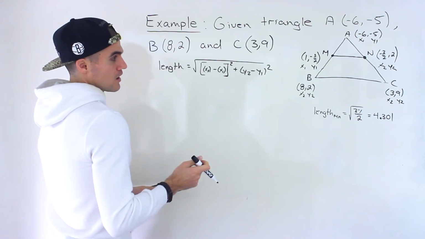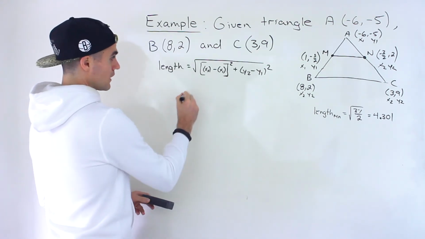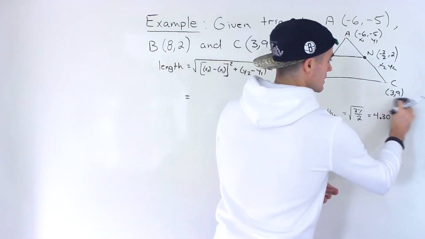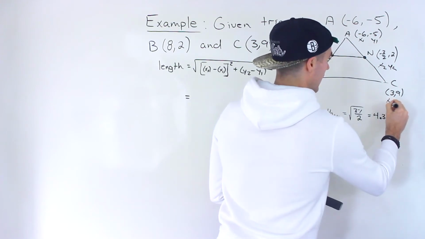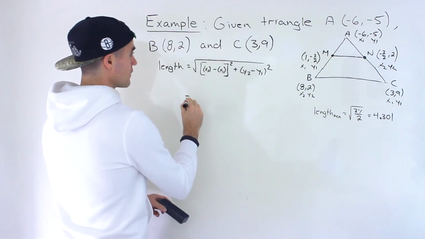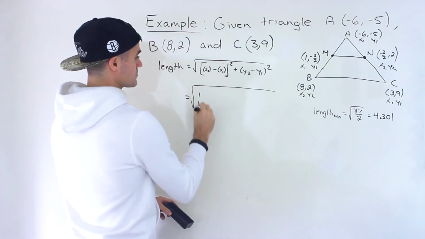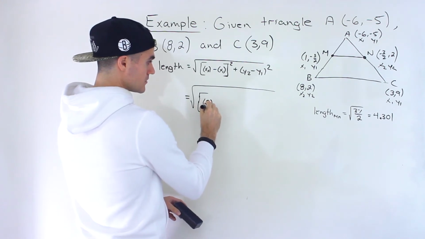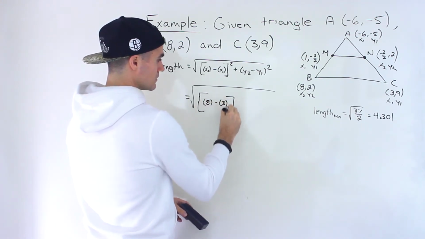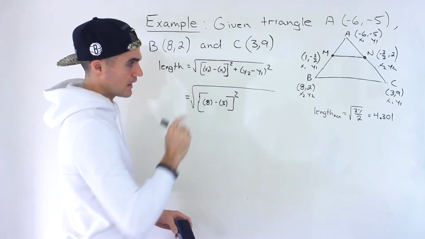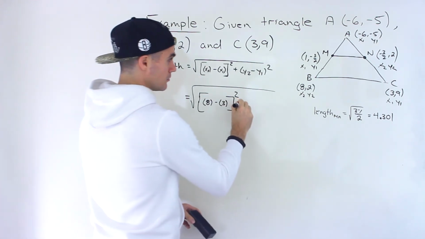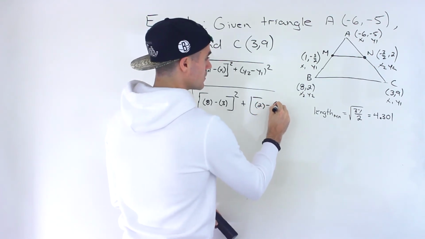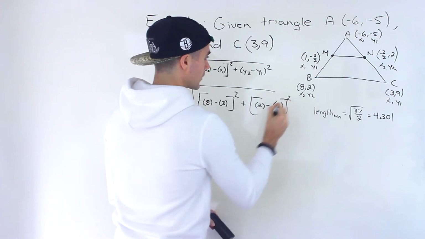Now, with BC, we have to find the length of that. So we let this be x2, y2, and this be x1, y1. So we would have the square root of (8 minus 3) squared, that's x2 minus x1, plus (2 minus 9) squared, that's y2 minus y1.